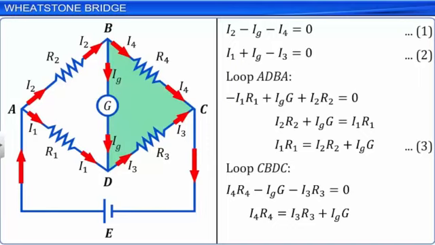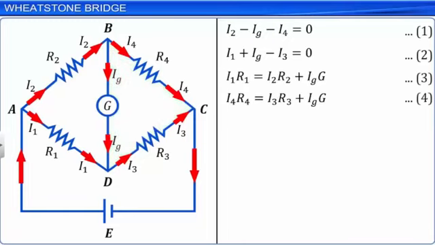As a special case, the values of R1 to R4 are chosen in such a way that Ig becomes 0. Now, substituting Ig equal to 0 in equation 1 and simplifying, we get equation 5.